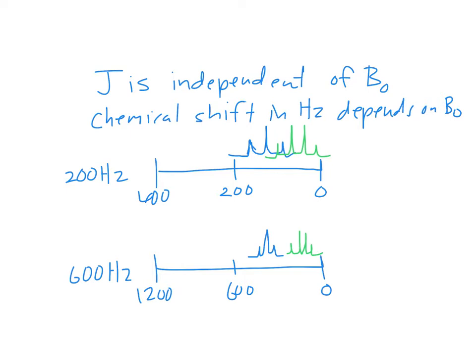So you get much better resolution of peaks. And because the chemical shift difference in hertz becomes greater, the second order effects are less, because that ratio of delta frequency, difference in chemical shift over difference in J value, becomes bigger. So this is a big advantage for going to a higher field magnet.